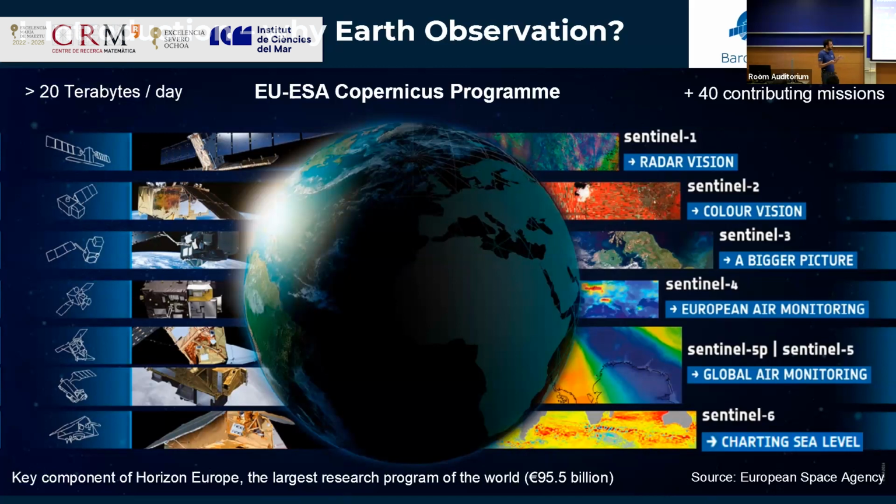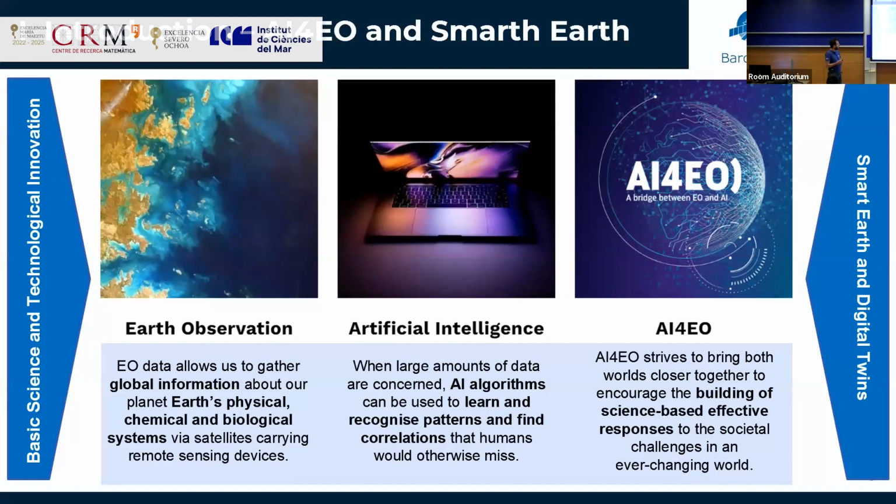So there is a huge opportunity to work with big data and applications that are trying to identify information within complex systems. One of the aspects that is most relevant nowadays is that Earth observation is a critical element of what we are calling the digital twins of the Earth.